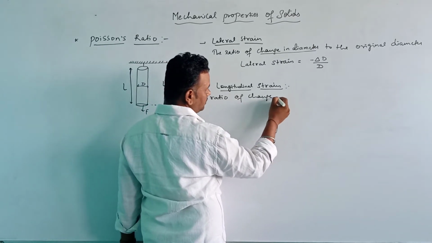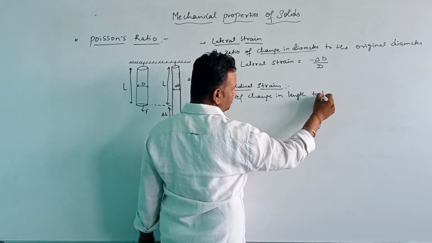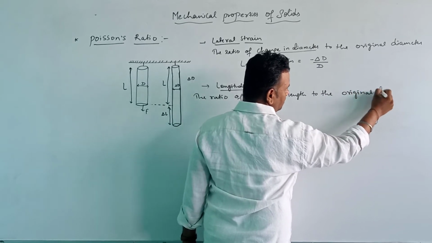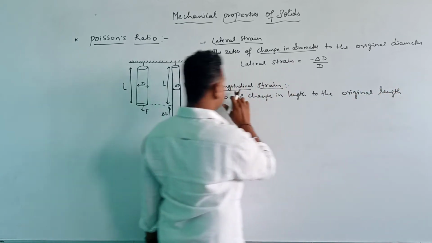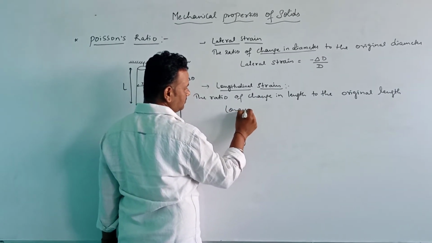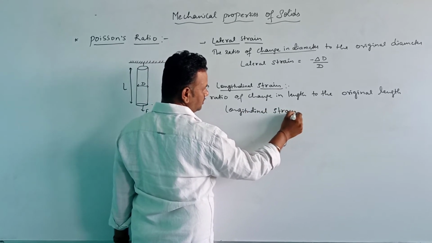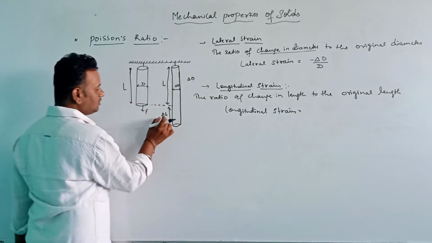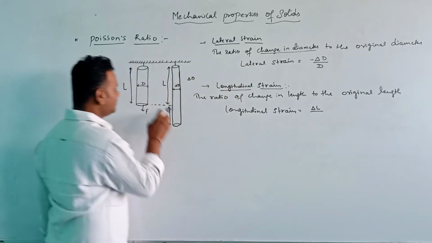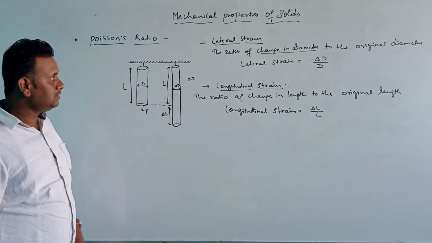So longitudinal strain is equal to change in length, delta L, divided by original length, L.